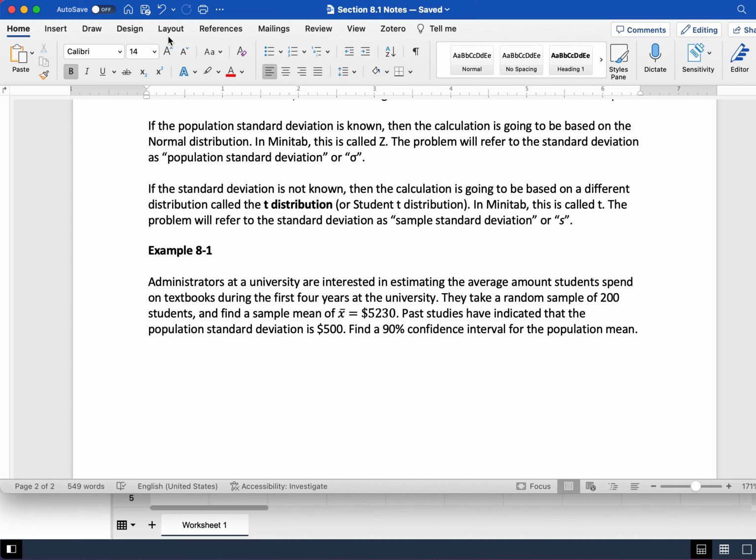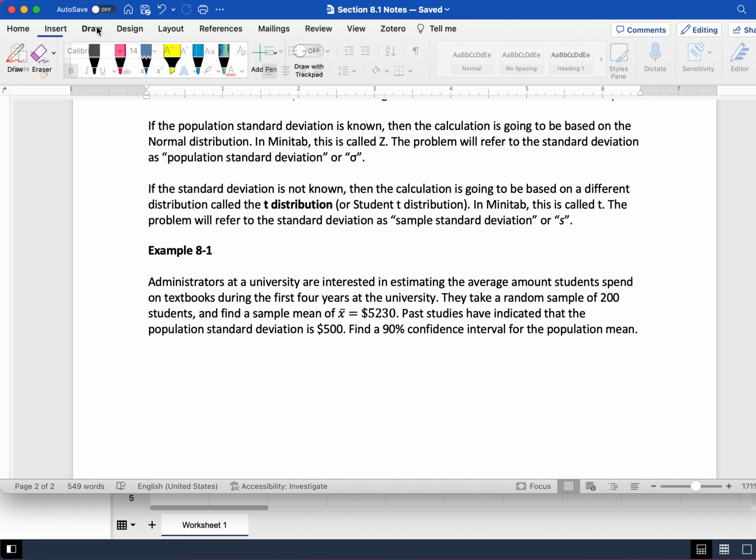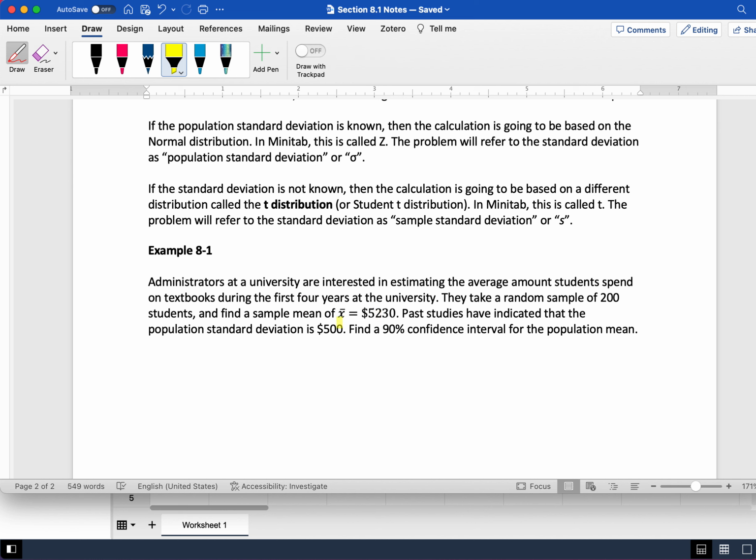So we're going to highlight some of our important information here. In the problem, we have the sample mean, and we have the population standard deviation, which tells me that I'm going to use Z. And then we also have the confidence interval that we are looking for is 90%.